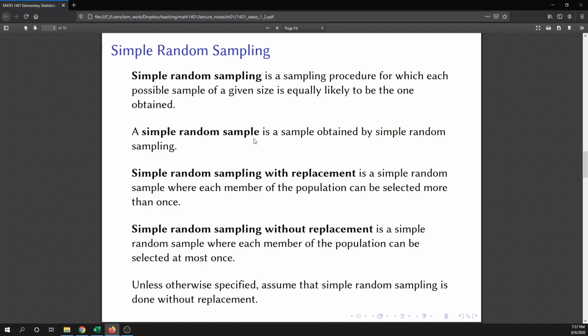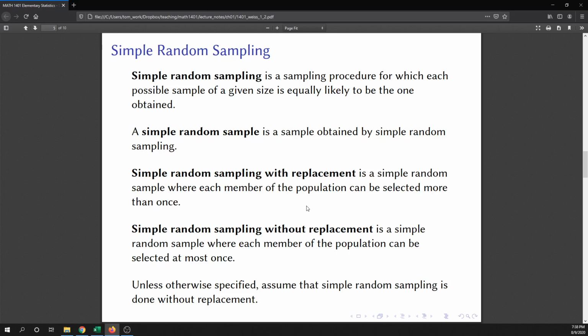There are two types. There's simple random sampling with replacement, and that is when you sample and each member of the population can be selected more than once. And then there is simple random sampling without replacement, where each member of the population can be selected at most once.